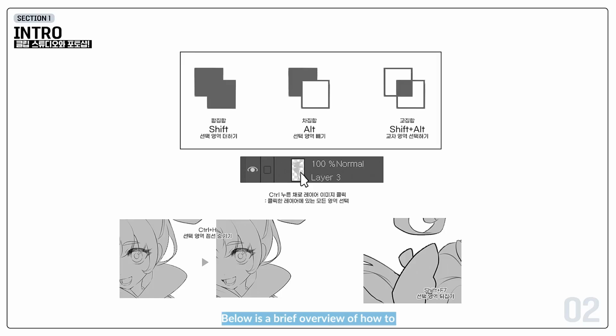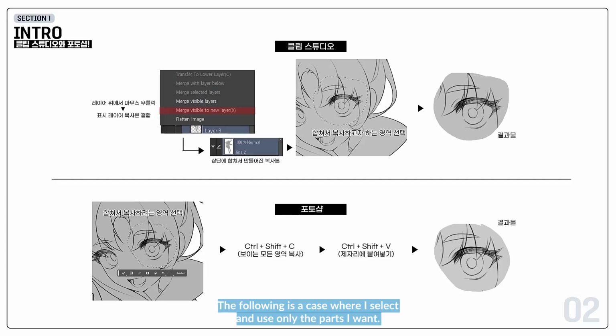Below is a brief overview of how to hide the selected area, the dotted line, from showing. On the right, how to flip the selected area is summarized. The shortcut key is the same, Shift F7. Be sure to remember this as well. The following is a case where I select and use only the parts I want.